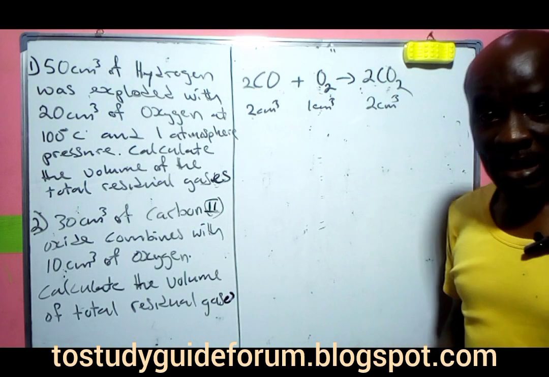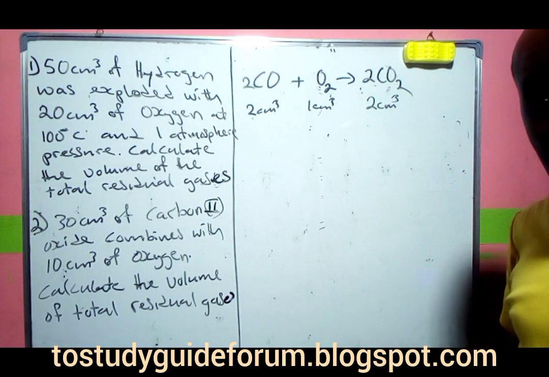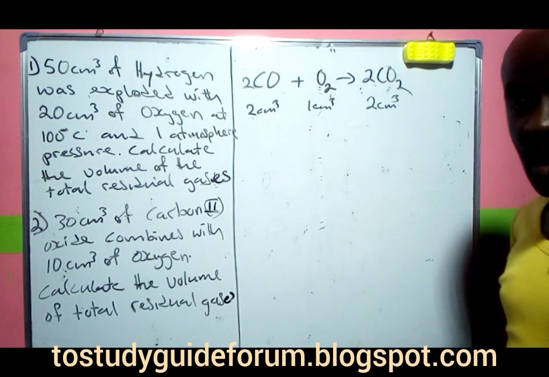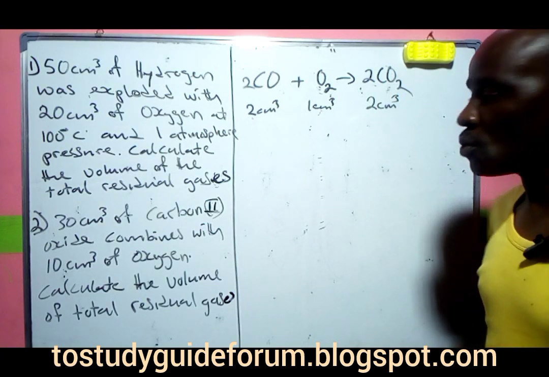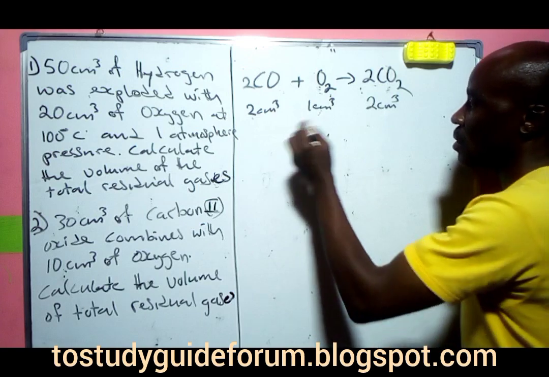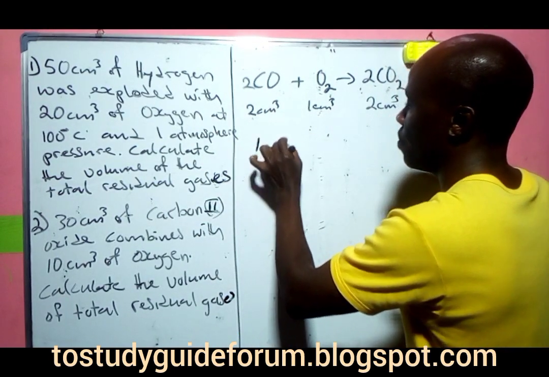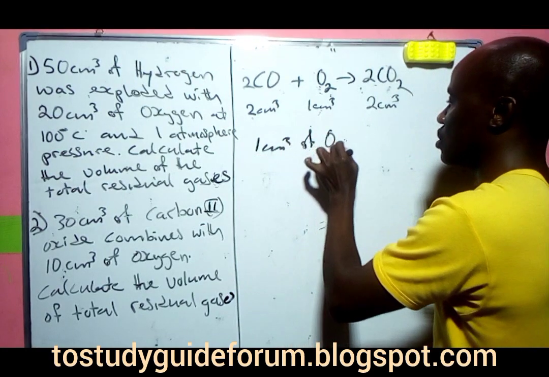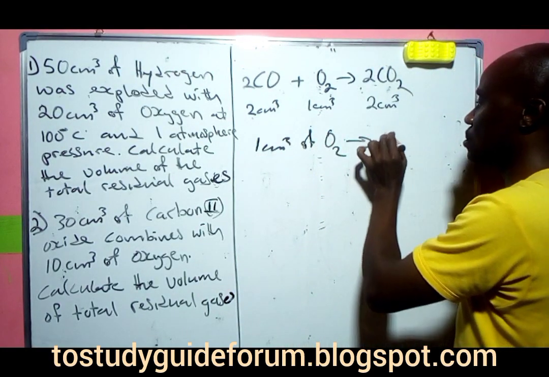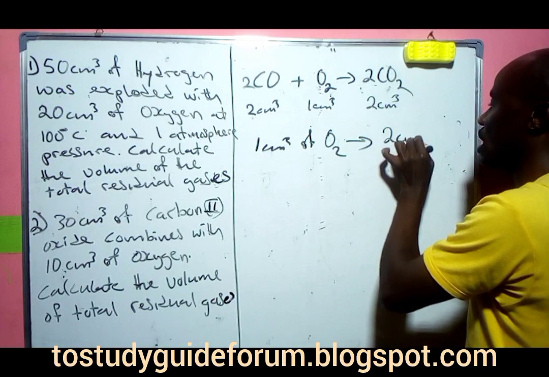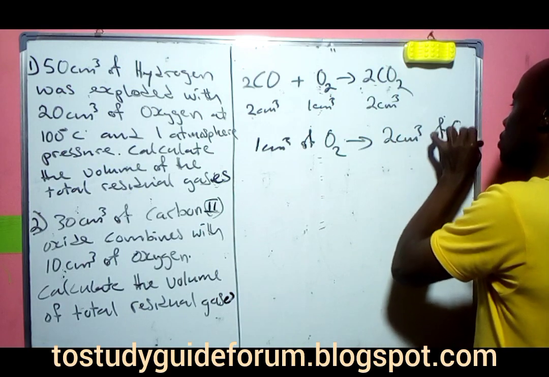That will be part of our residual gases. So let's go down to that. Here we have 1 cm cube of oxygen reacting with 2 cm cube of carbon 2.